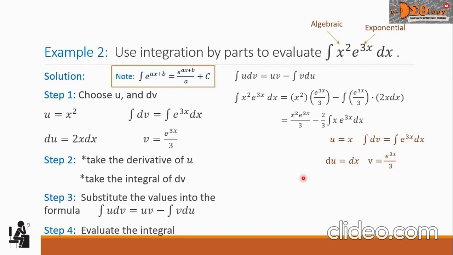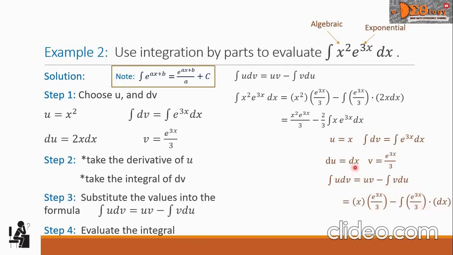Let us now substitute these values in the integration by parts formula. So we have now the uv here is x times e raised to 3x over 3. Then minus the integral of v, now e raised to 3x over 3 times du.